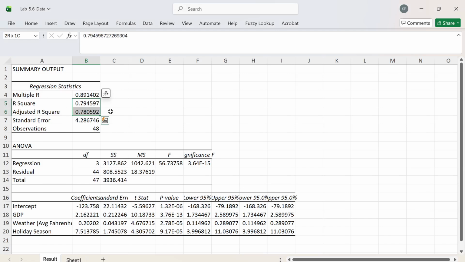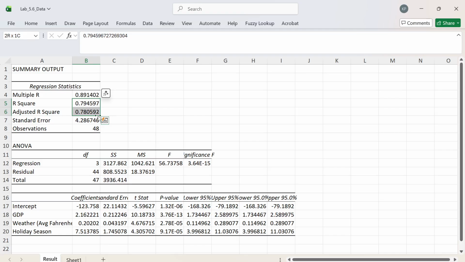At first, we want to check R square and adjusted R square. I have a question: is this linear regression or multiple linear regression? It's very clear, it's multiple linear regression. Why? Because we have 3 independent variables. With more than 1 independent variable, we say multiple linear regression.